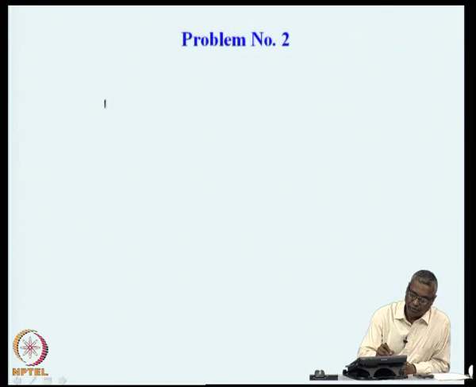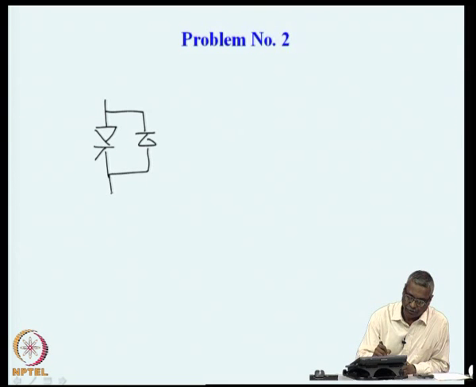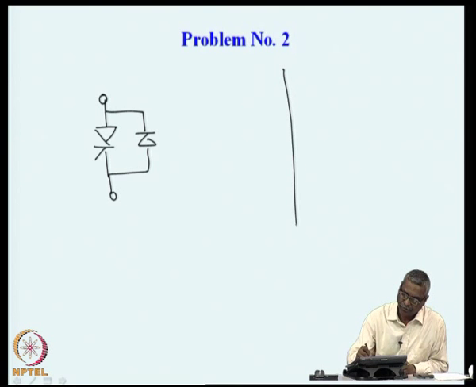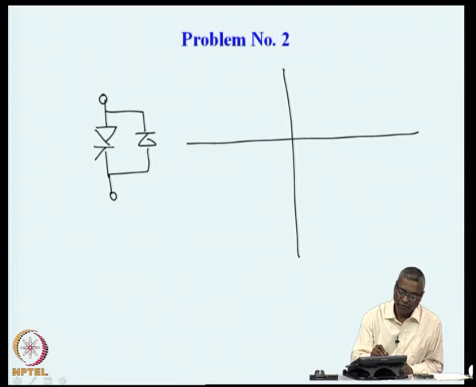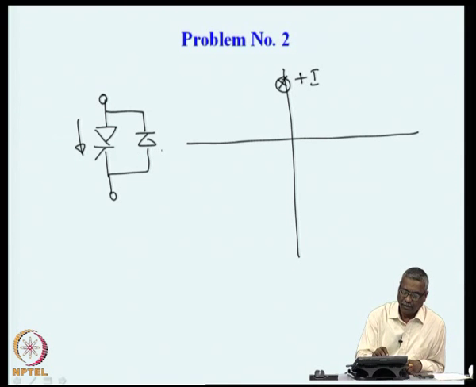For example, a thyristor in parallel with a diode. On account of the diode which is present here, this is capable of carrying current in the positive direction when it is gated on. This is positive I when the device is gated on, and when a negative current is flowing, whether you gate it on or not, negative current can flow through the diode.